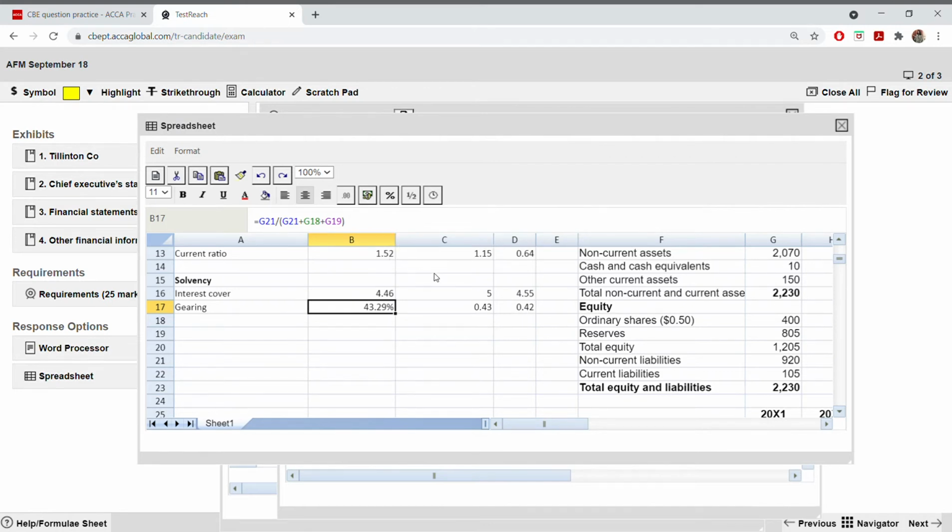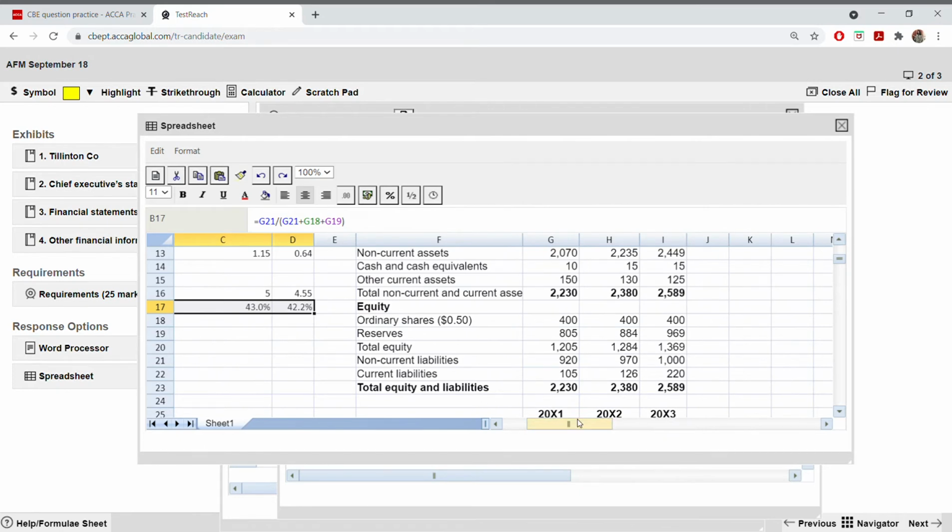Actually, take it in terms of percentage. So 43.3, 43 and 42.2. You have to take the gearing in terms of percentage.